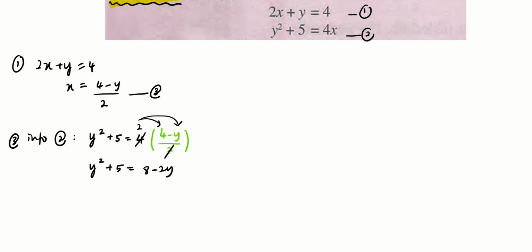So manipulate your equation. Later on it becomes y squared plus 2y plus 5 minus 8 equals 0. Y squared plus 2y minus 3 equals 0.